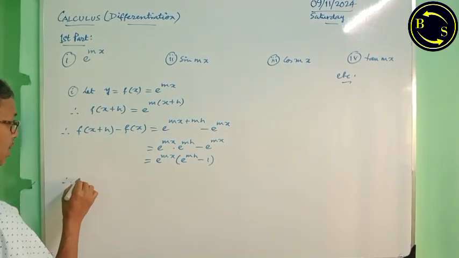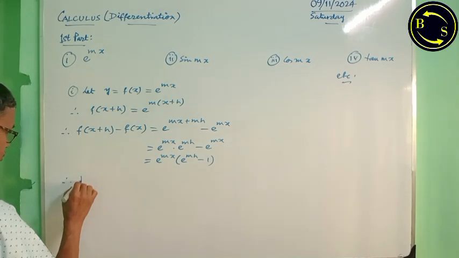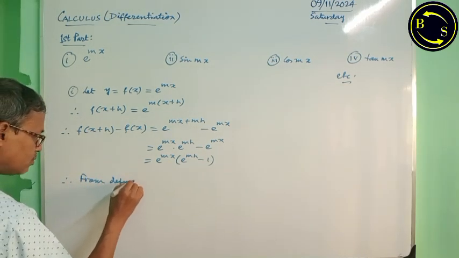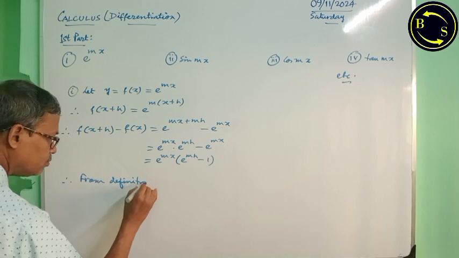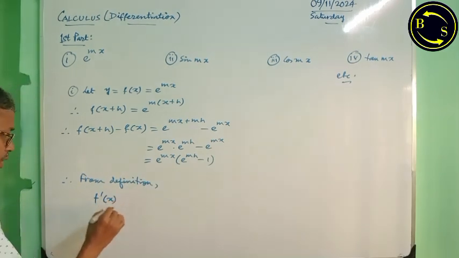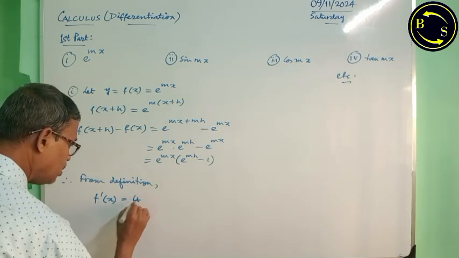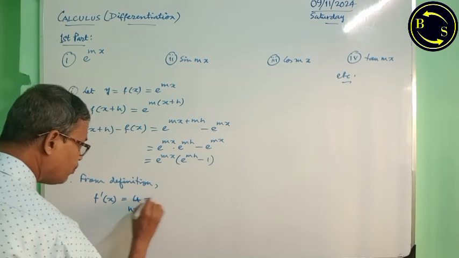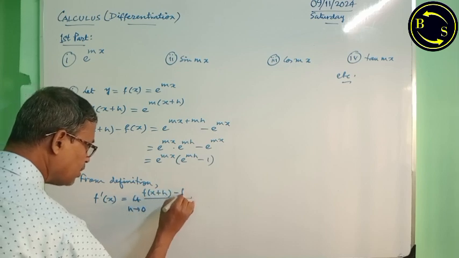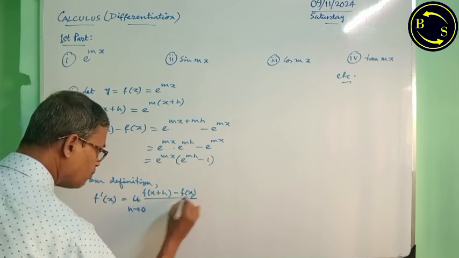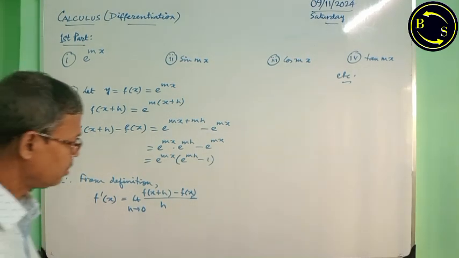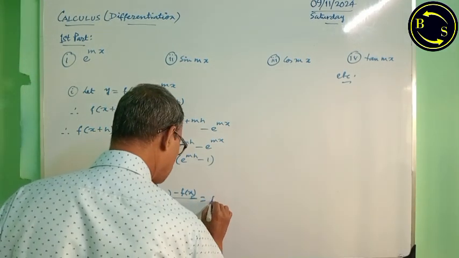Therefore, from definition, f dash x is equal to limit h tends to 0 of f(x plus h) minus f(x) by h. First of all, we have to write the original form, then I put the value.